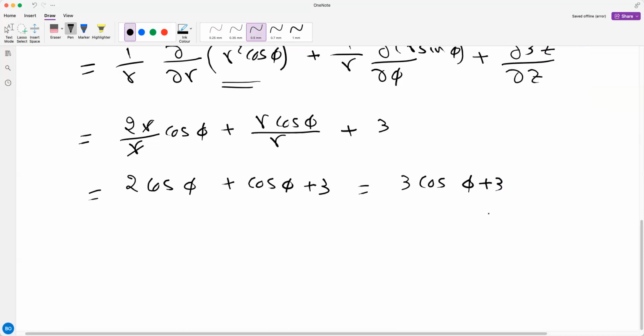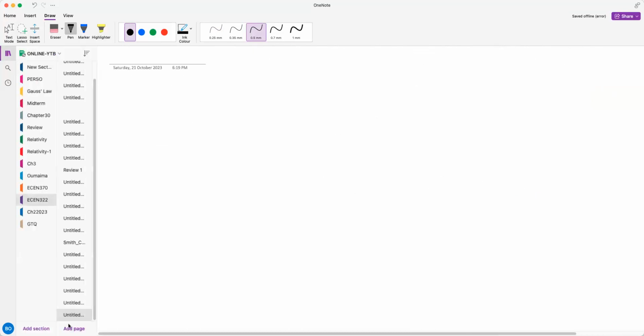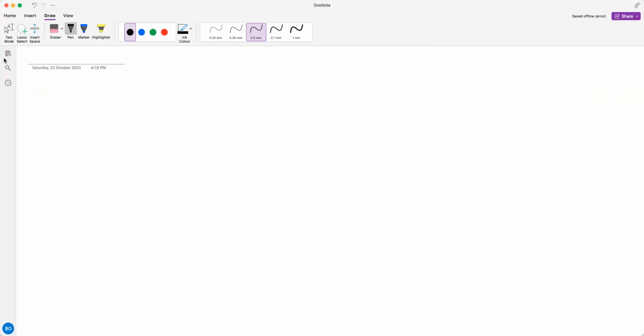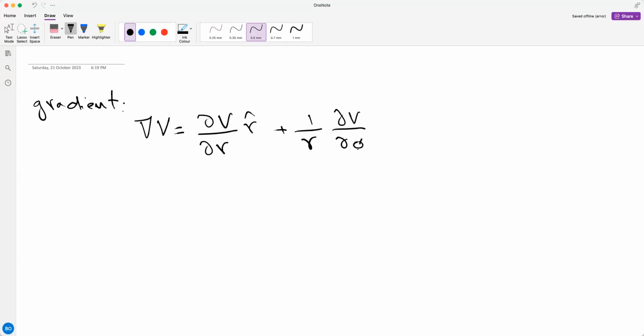I will post some recommended problems today on this, just to summarize the difference between the gradient in cylindrical form and the divergence. The gradient of a scalar in cylindrical form is the derivative with respect to r, plus 1 over r the derivative with respect to phi, plus the derivative with respect to z.